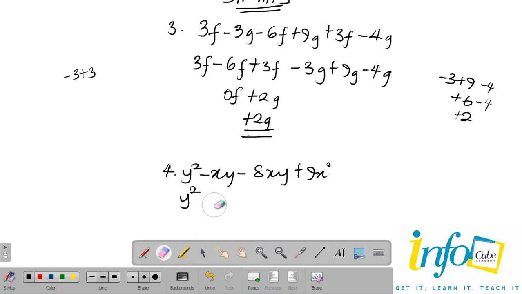So minus xy minus 8xy will give us minus 9xy plus 9x squared. So this becomes my answer, since y squared, xy and x squared are not like terms. Remember what we did in episode 2. So let's solve the fifth one.